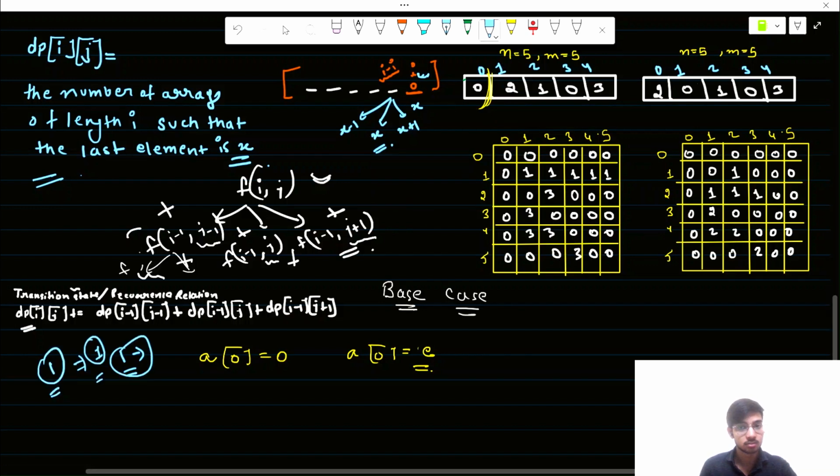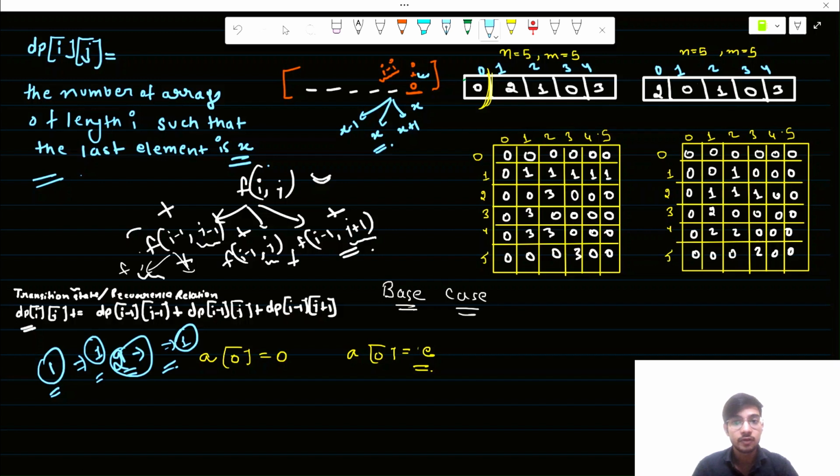If you choose 2, the number of arrays that matches the description is also 1. For any choice, the number of arrays of length 1 is 1, that is, the array itself.